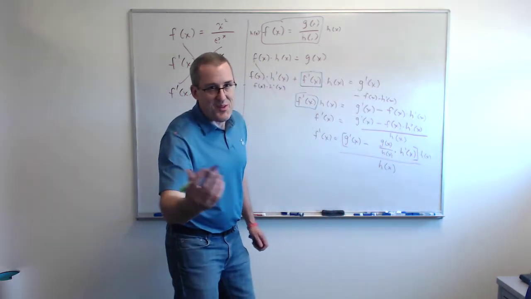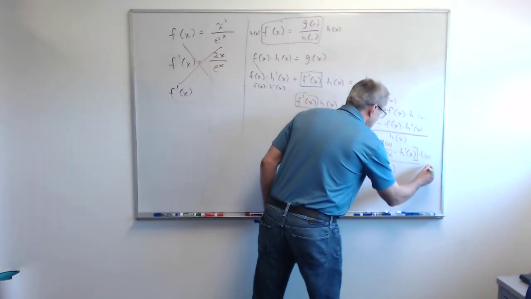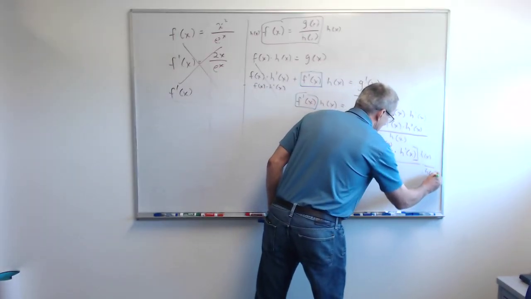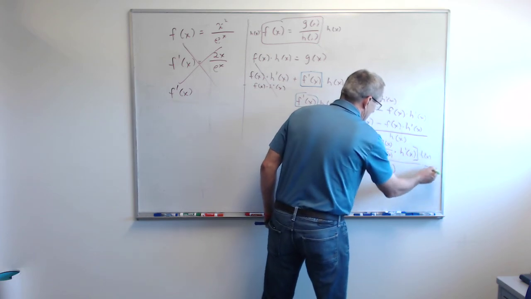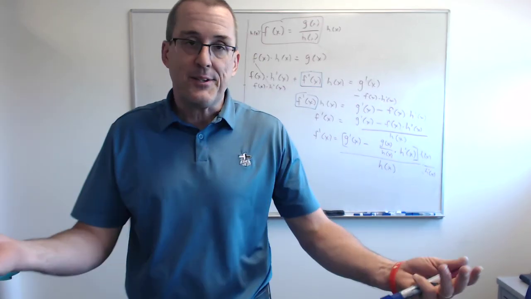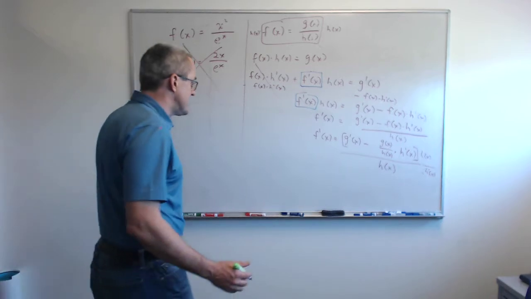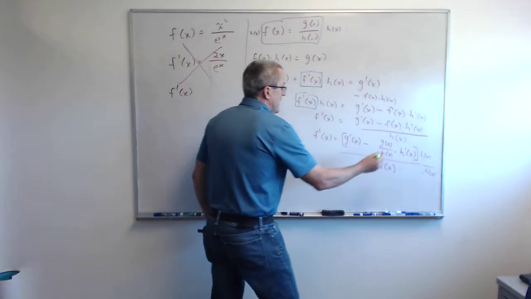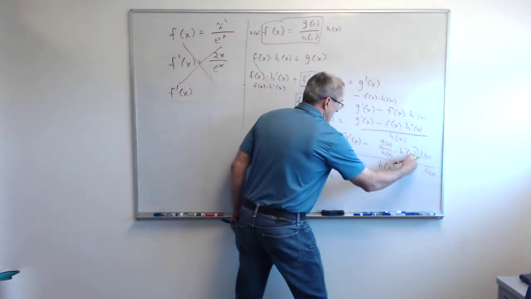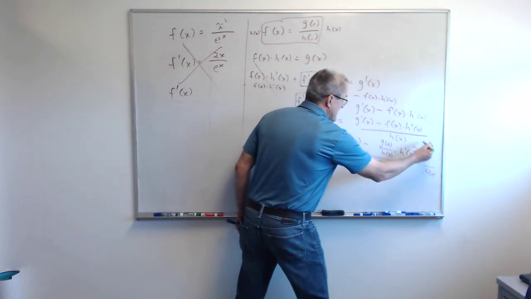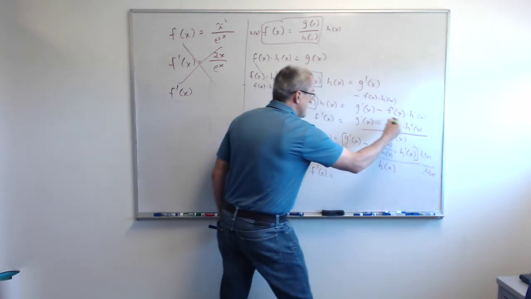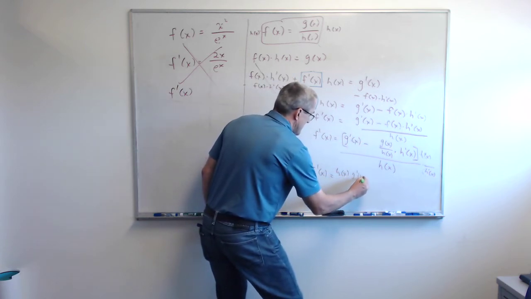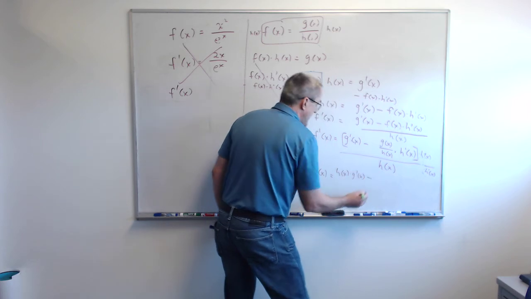But you just can't do that. You have to also multiply the denominator by h of x, so that if you notice here, we're multiplying by a form of 1, which is cool in terms of keeping equivalence. And so here's what we're going to have. This whole numerator gets multiplied by h of x, so I got to distribute it through. So I have to take h of x times g prime of x, subtract.